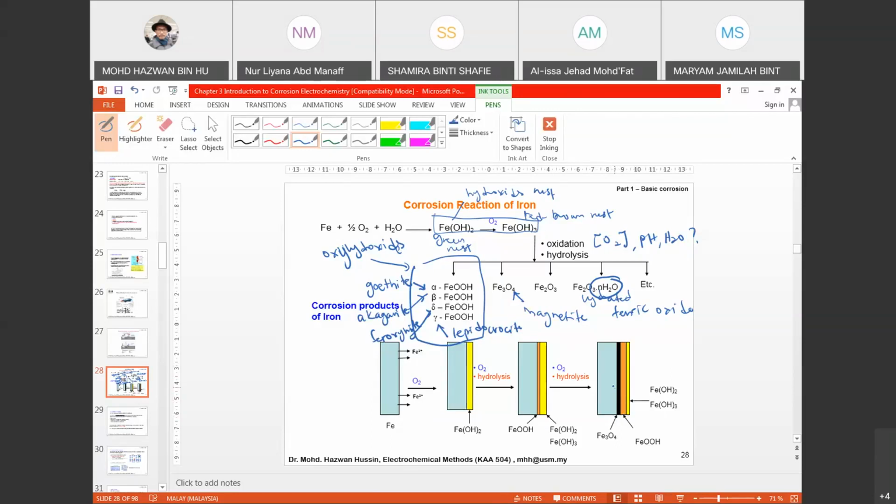If you scrape off rust from a metal, how can you tell which type of rust phase it is, using what type of instrument? Anyone knows?